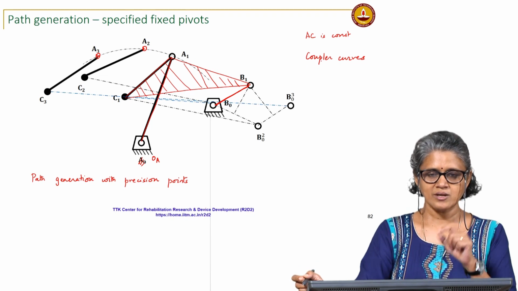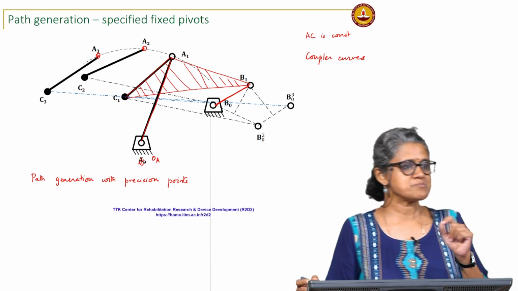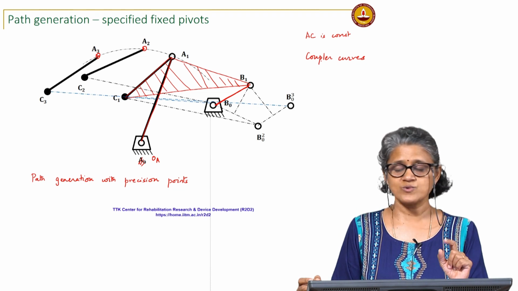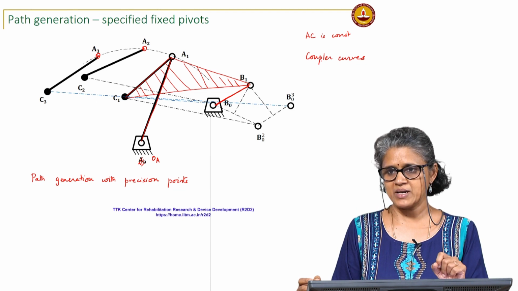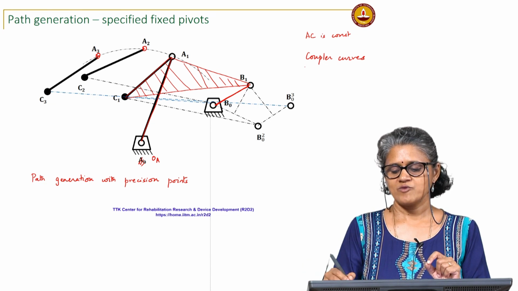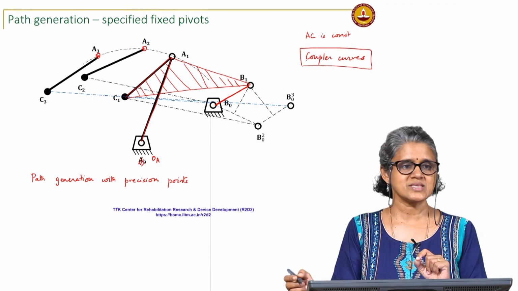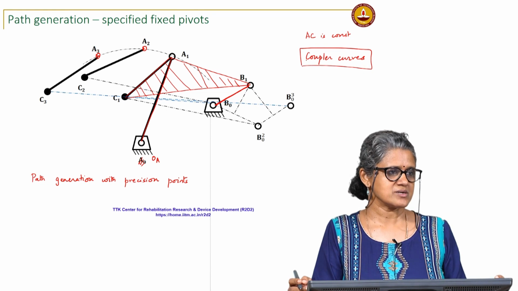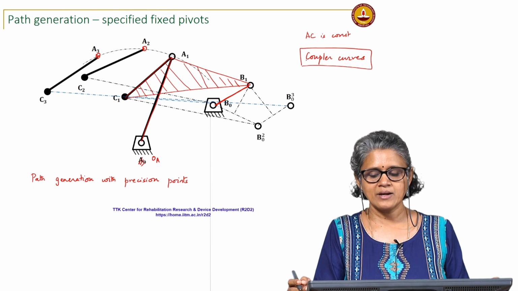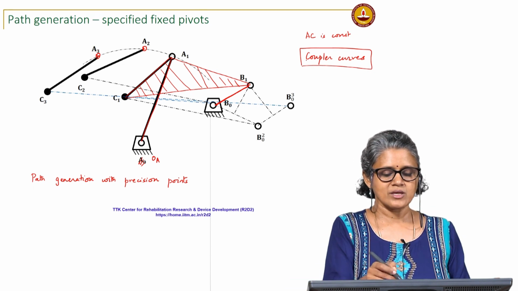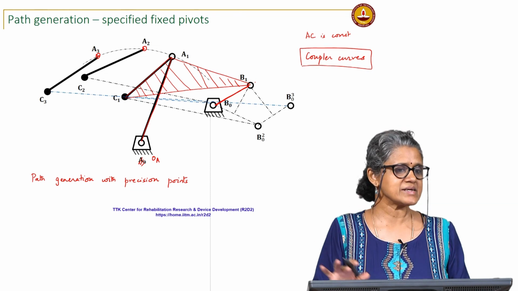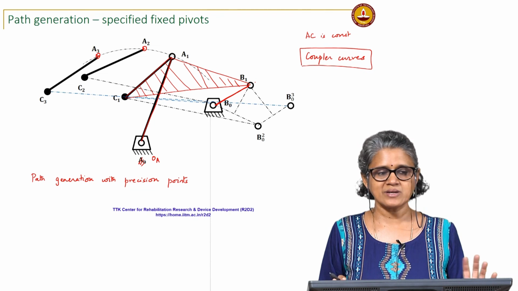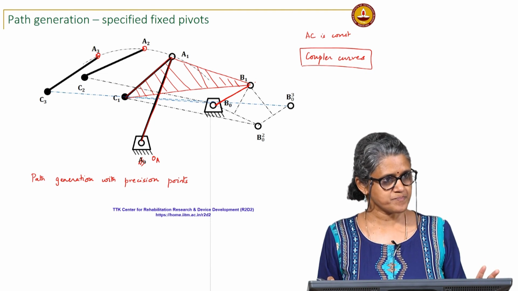So, if it is not specific points, but a path that you want to trace using a 4 bar, then we actually look at synthesis of the 4 bar for certain types of coupler curves. Okay. And the coupler can have very interesting motions. Okay. You can have points on the coupler tracing very fancy curves.